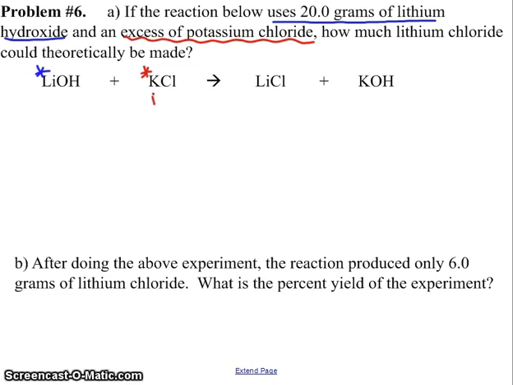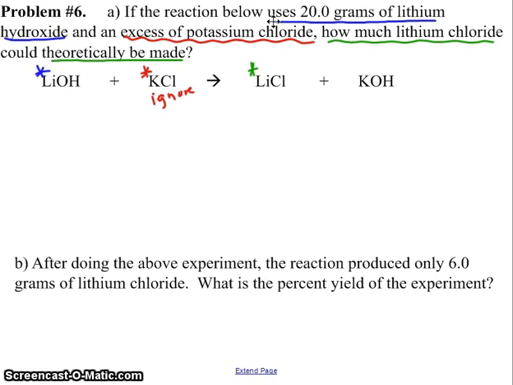Basically that means just ignore this substance. Excess means you don't need to factor that into the problem. What we're trying to find is how much lithium chloride could theoretically be made. Lithium chloride is this substance on the product side right here.